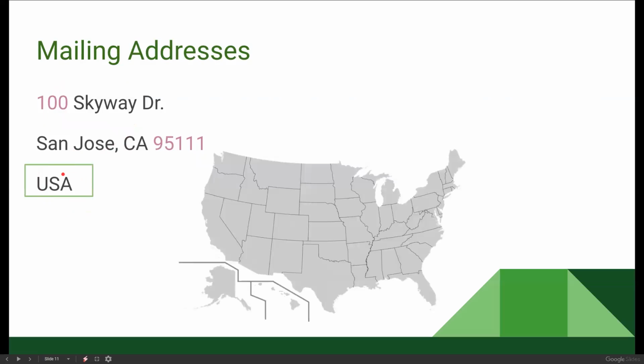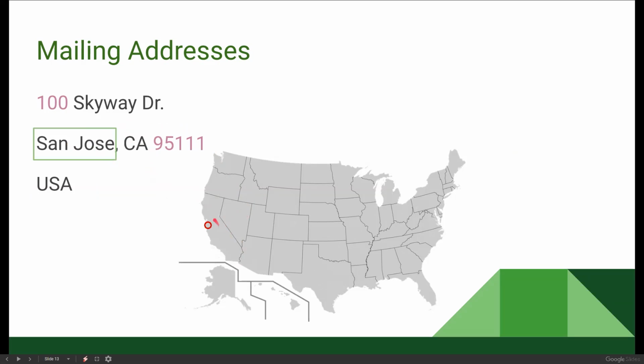The first thing, the broadest thing within this address, is which country are we in? We are in the USA. The next level of specificity is the state within that country. We're in California, so we're narrowing down our possible areas.